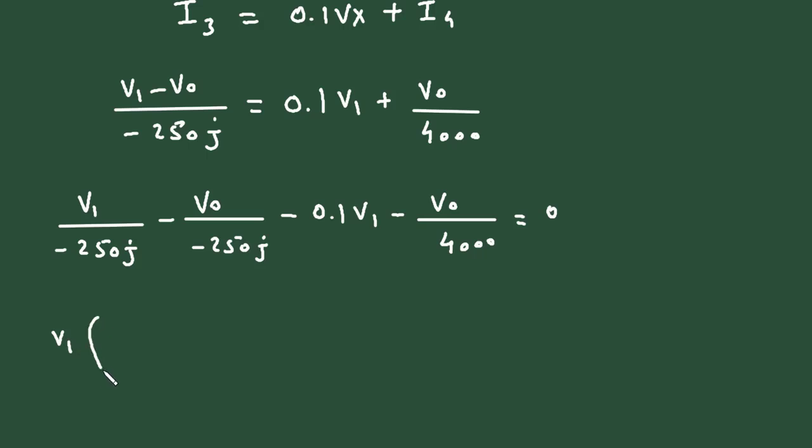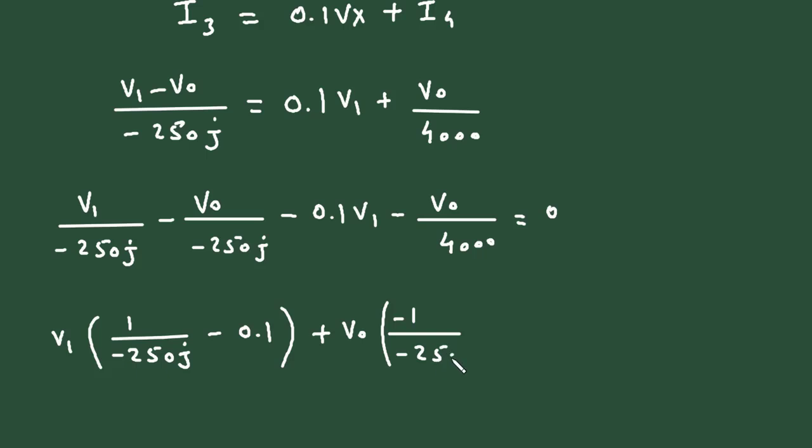So V1 in bracket 1 upon minus 250J and minus 0.1, plus VO in bracket minus 1 upon minus 250J, then minus 1 upon 4000, and it is equal to 0.